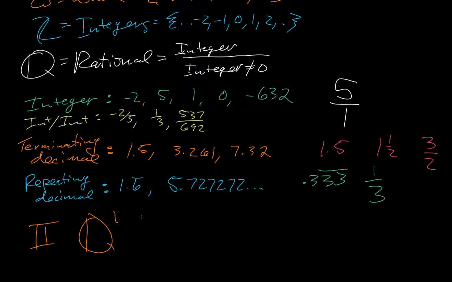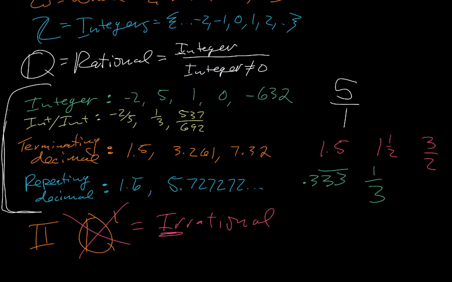So I think in this class, we are just going to use script I for irrational. And it means what it seems like it means. It's all the numbers that are not rational, given that they're real numbers. So we're just thinking of the set of all real numbers. So all those numbers that aren't covered by these 4 situations are considered irrational.